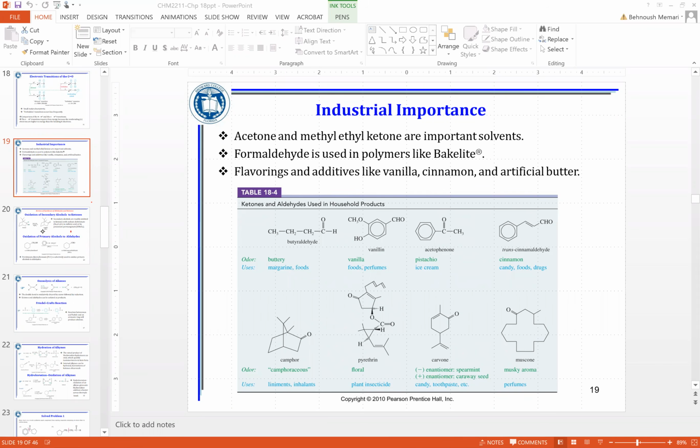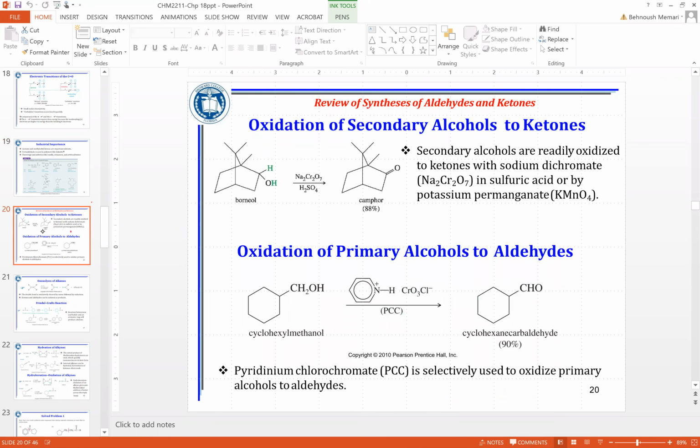So for the preparation of these compounds, because this chapter covers both aldehydes and ketones, there is a lot of back and forth going: preparation of aldehyde, then preparation of the ketone, and then a next method for preparation of either one of them, because they are kind of similar.